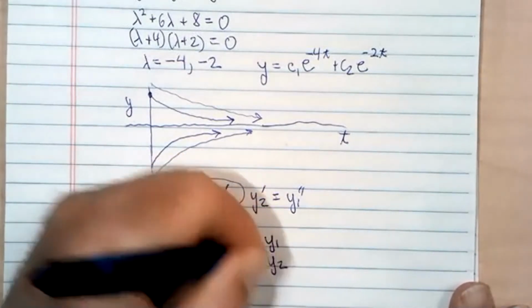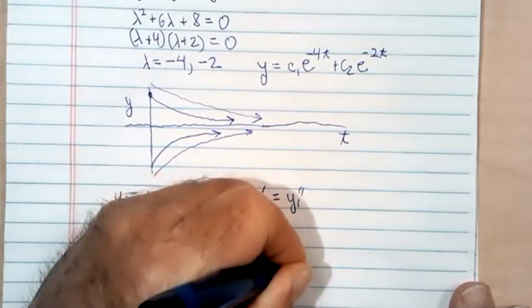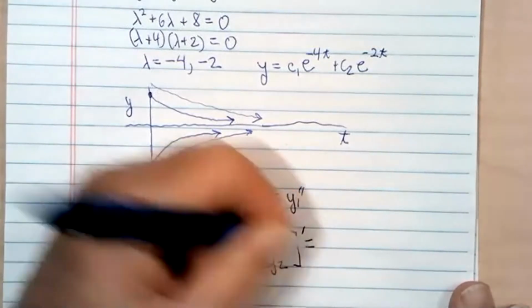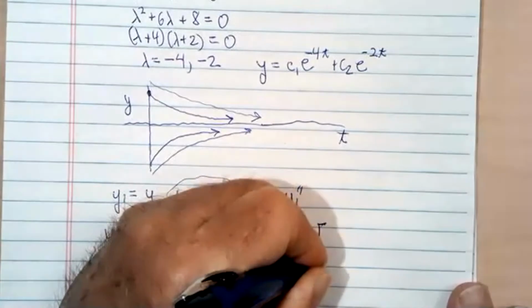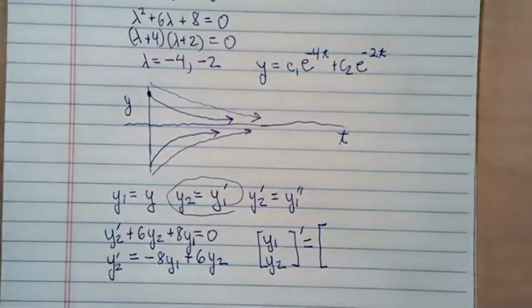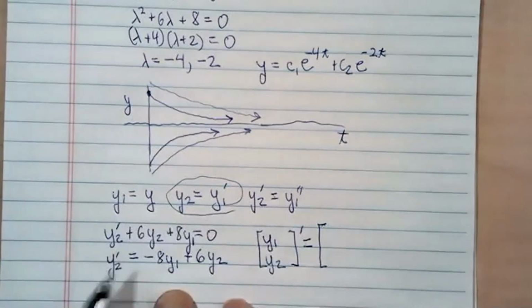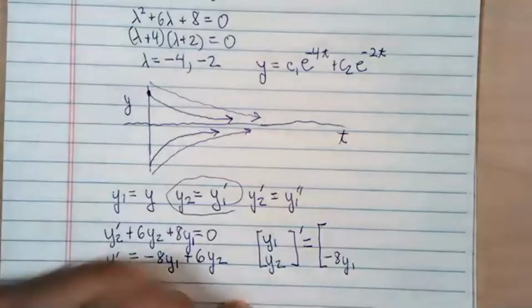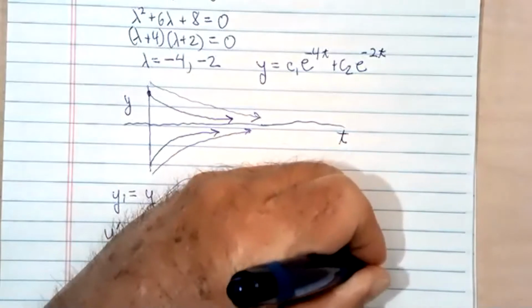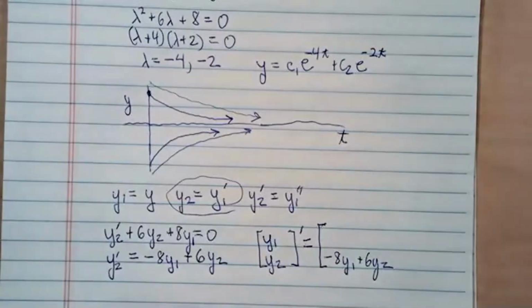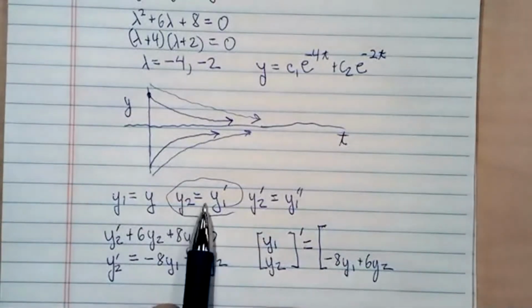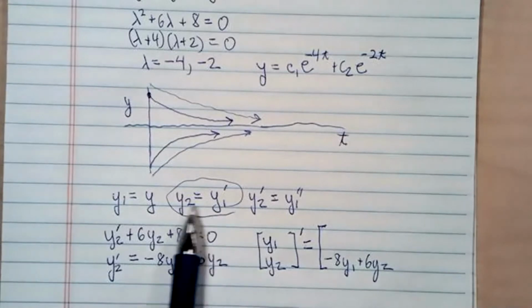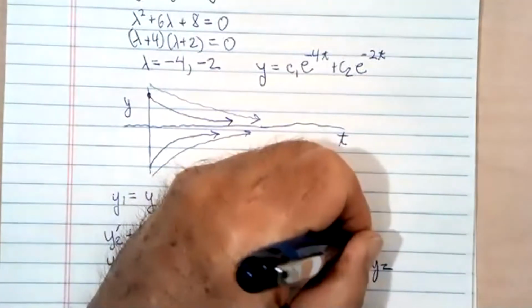So y1, y2 as a vector, take the derivative, is equal to, for y2 prime, I have minus 8y1 minus 6y2. And for the top equation, I have y1 prime equals y2.